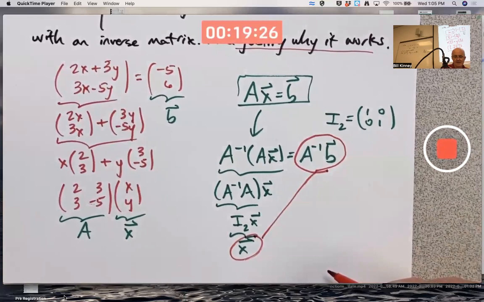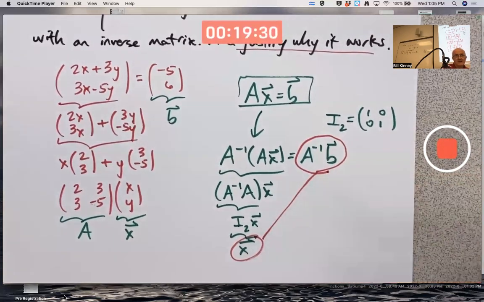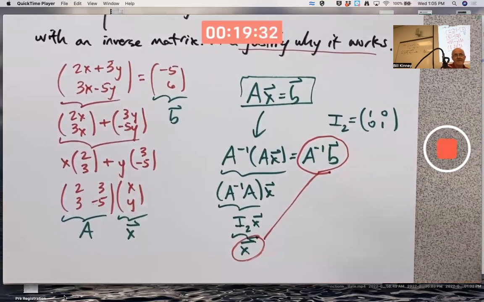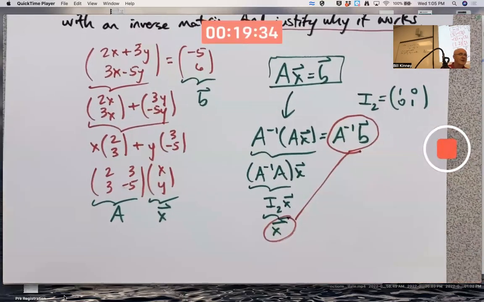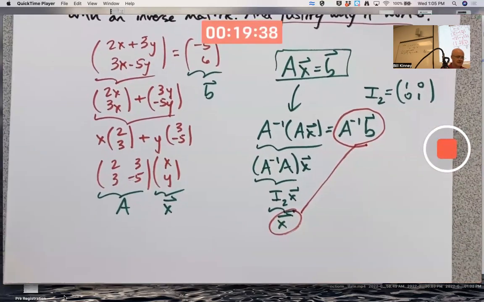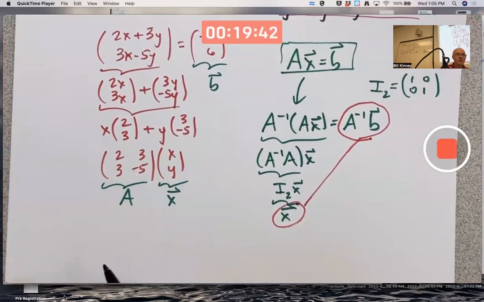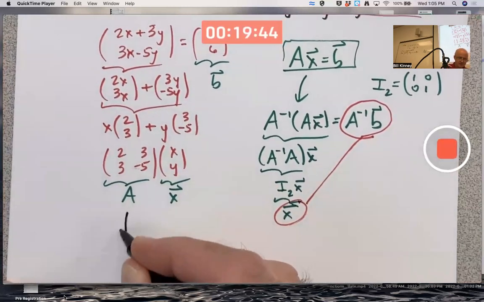Okay. So you've got to find A inverse and multiply it by B, and then you're done. For 2 by 2 matrices, finding A inverse is fairly easy, though we won't be able to avoid fractions here.